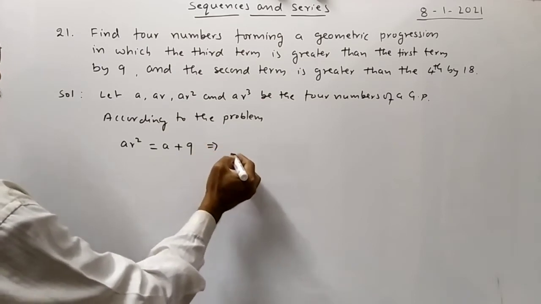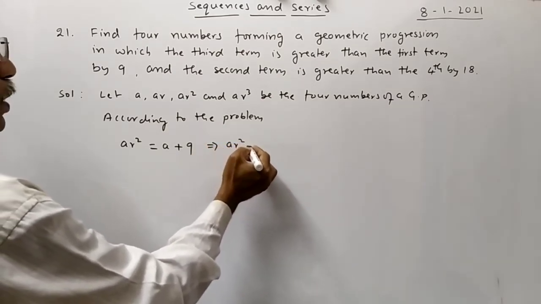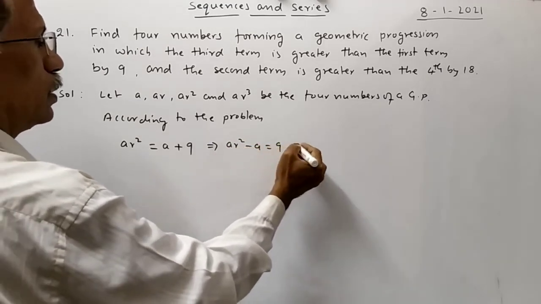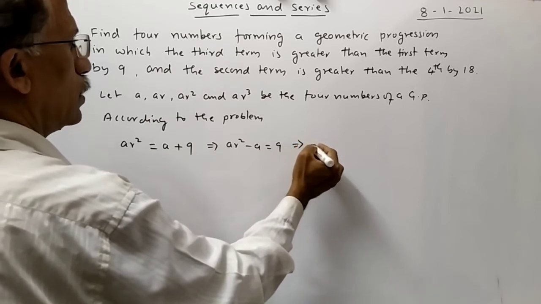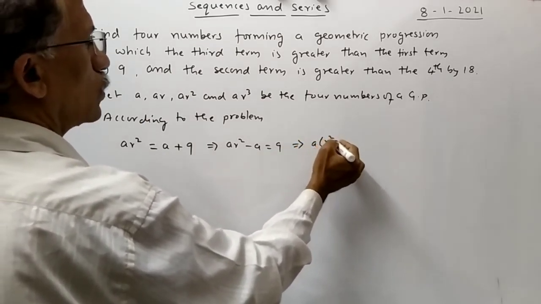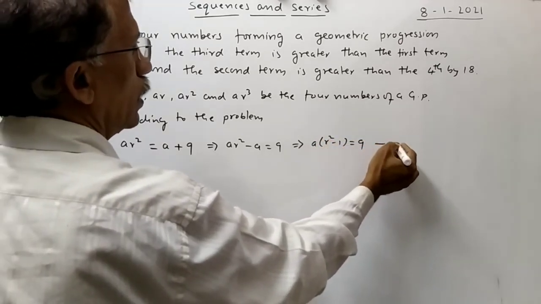This implies AR square minus A is equal to 9, implies A into R square minus 1 is equal to 9, say number 1.